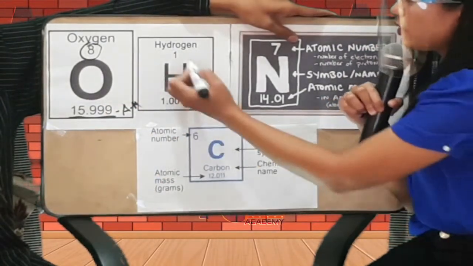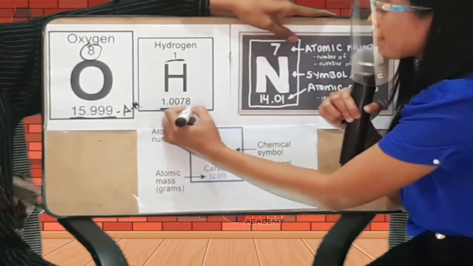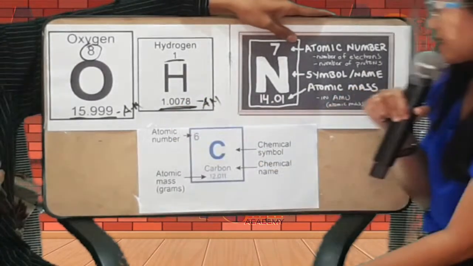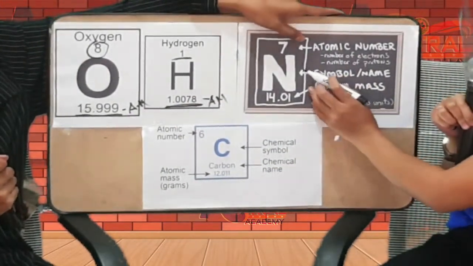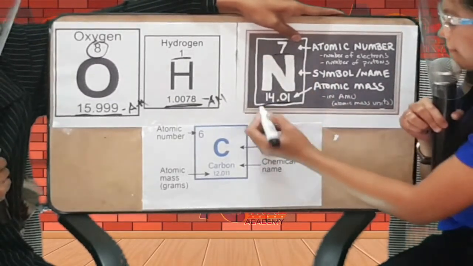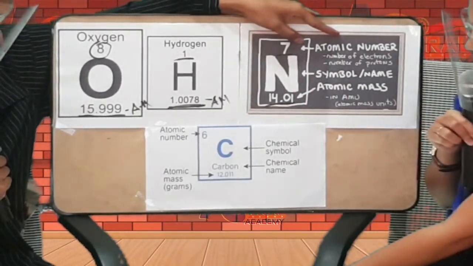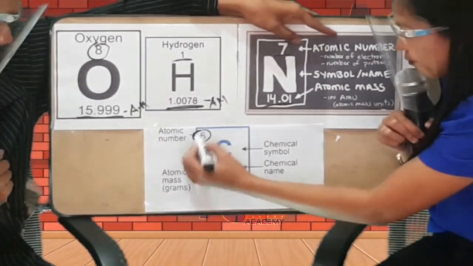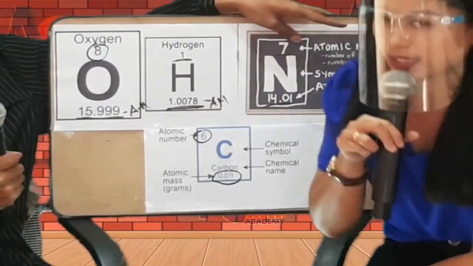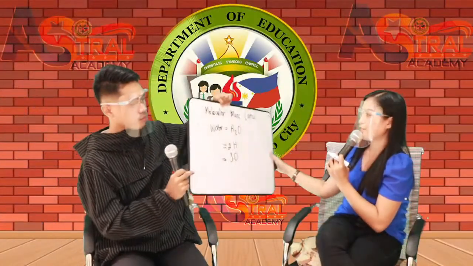For hydrogen, 1 is the atomic number and 1.0078 is the atomic mass. For nitrogen, or N, we have 7 as atomic number and 14.01 as atomic mass. And lastly, carbon: we have 6 as atomic number and 12.011 as atomic mass.